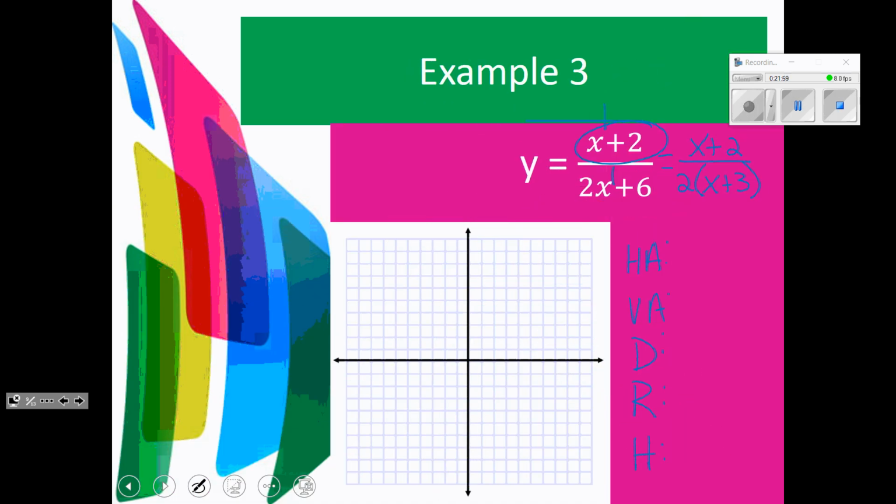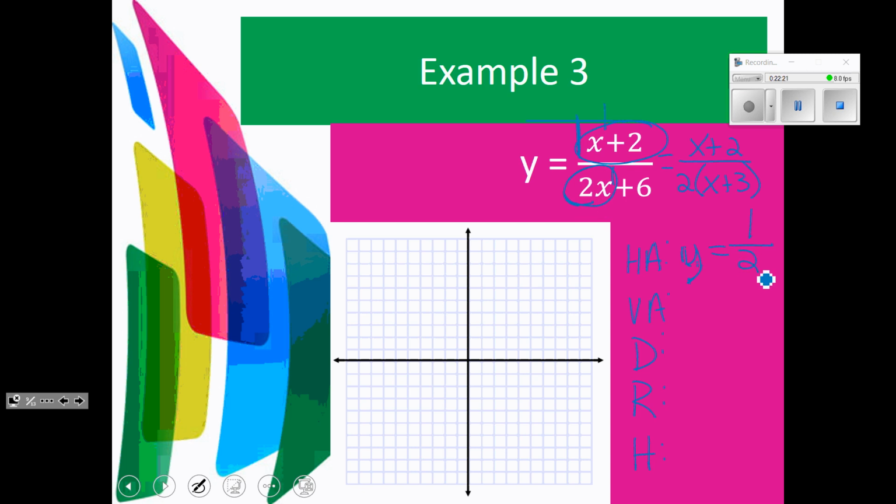The leading coefficient of the numerator, that means the one in the very front, is a 1. So it's going to be y equals the leading coefficient of the numerator, which is 1, divided by the leading coefficient of the denominator, which would be 2.